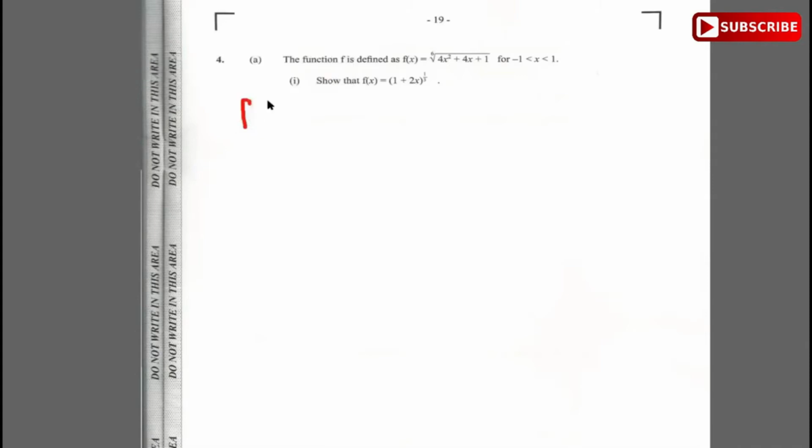They gave us that f of x is equal to the 6th root of 4x squared plus 4x plus 1.